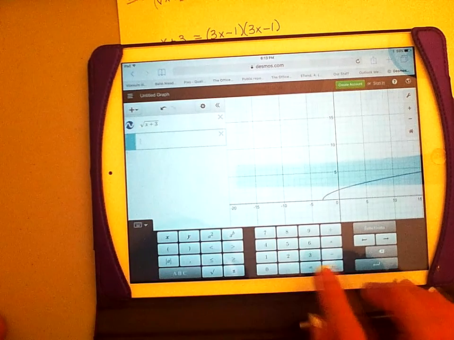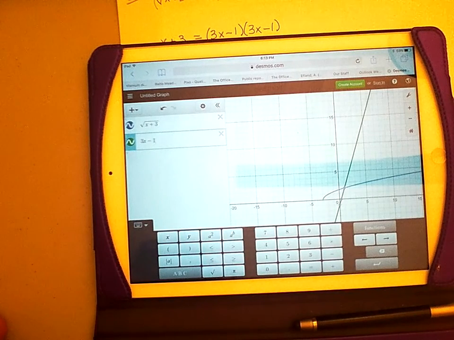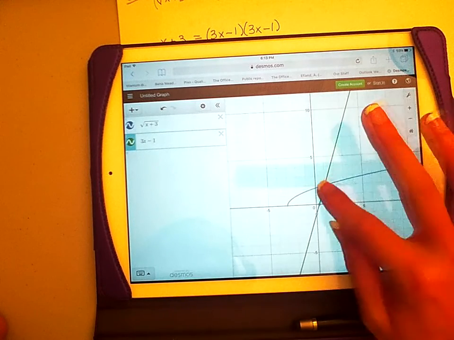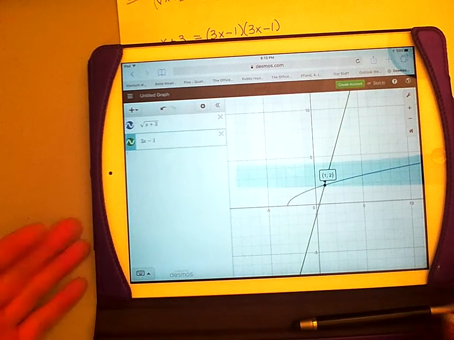And then on the right-hand side, we had 3x minus 1. So you can see there's only one intersection point, and it's there where x equals 1. Over here would be negative 2/9, and the graph is not intersecting. Excuse me.